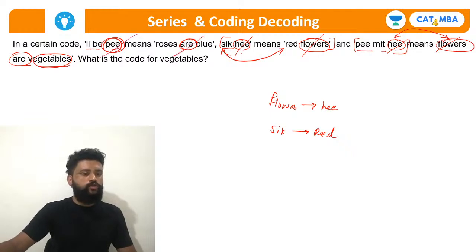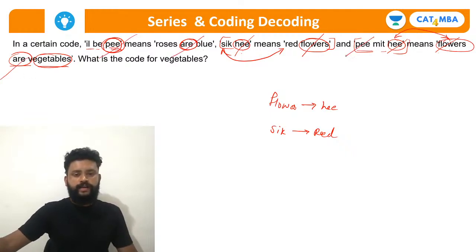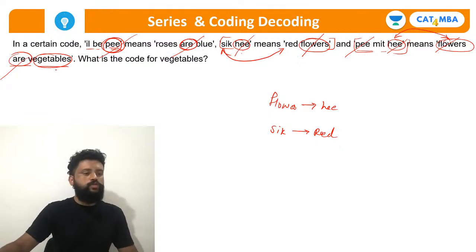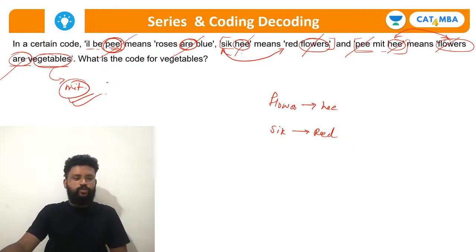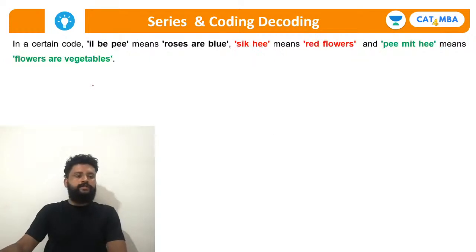R is the code for P. What is the code for vegetables? We get it as meat. Nicole, hopefully you understood this. Any doubt? Yes, that's right. Meat is the code for vegetables. That's great if you understood up till now, because now we are going to move on.